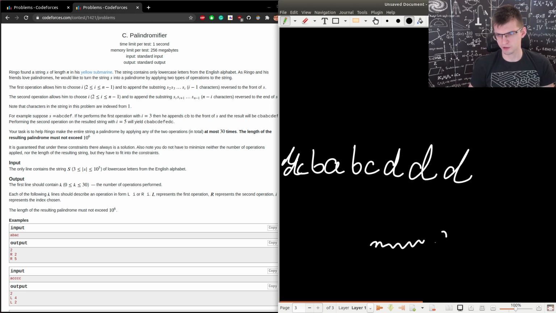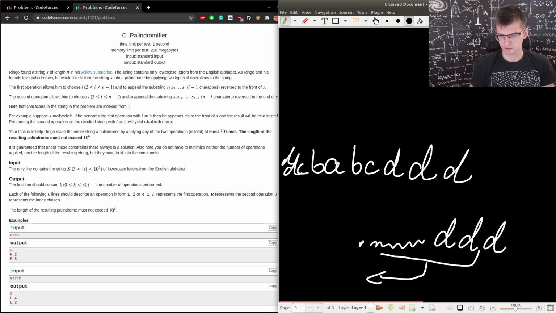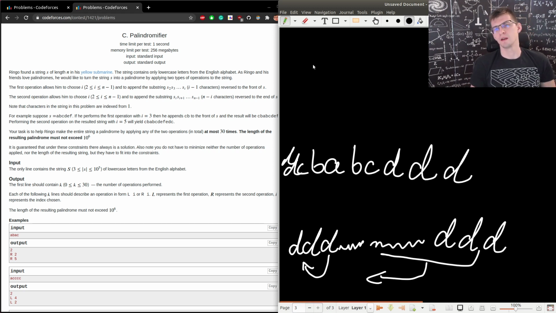There is whatever, D, copy this, so it's the reverse of whatever, and then D. And then looking from here, I copy. How to get 3 equal characters in a row? Or maybe it's impossible.